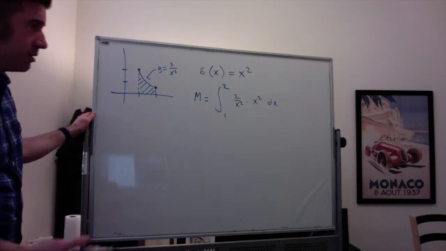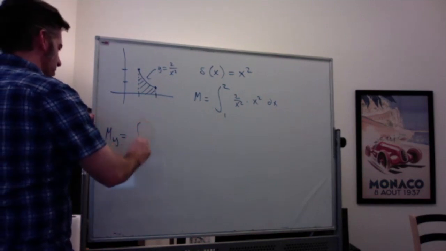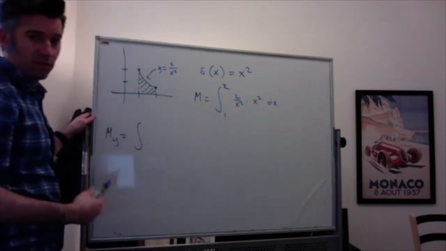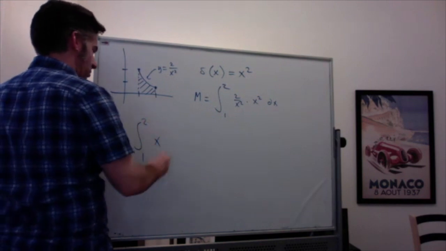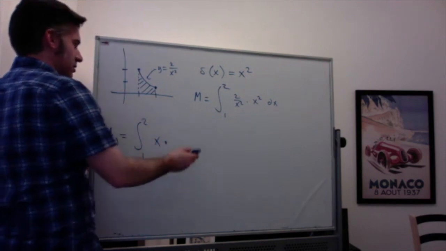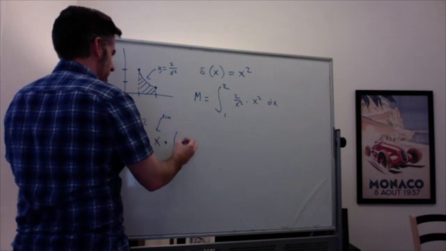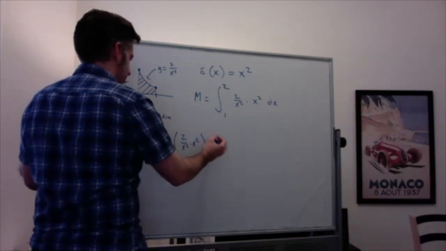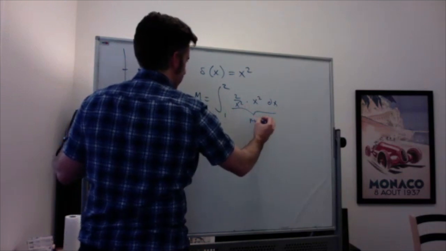The moment around the y-axis is going to be the mass integral with another x in it. Right? It's the lever arm times the mass.